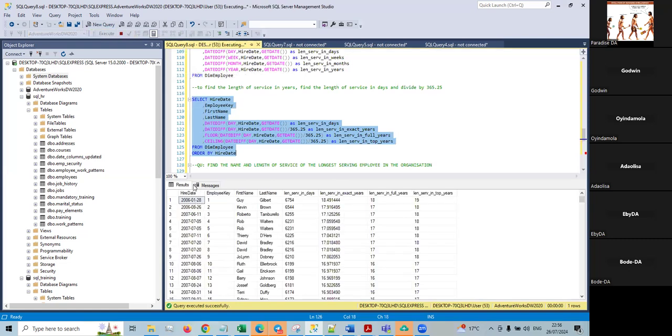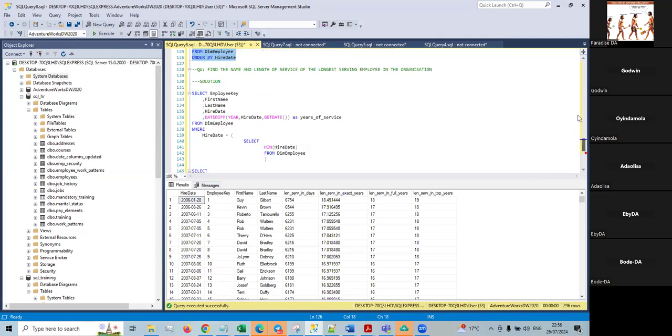We order by hire dates, and order by hire dates gives us the order in ascending order. That means that the lowest date comes first, right? It's Guy Gilbert. He's been in the business for 18 years. That is ceiling, where it's rounded up. And when we run this code, it gives us the exact same person.